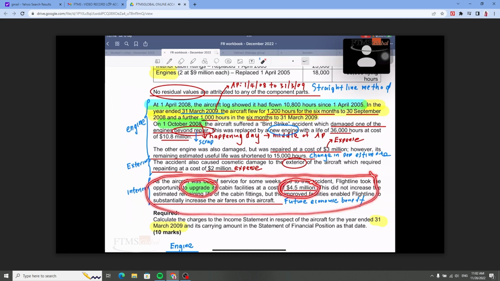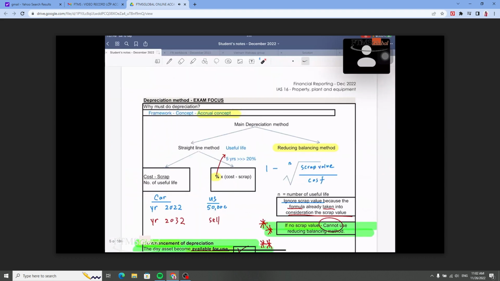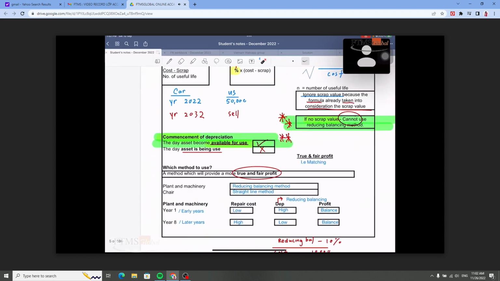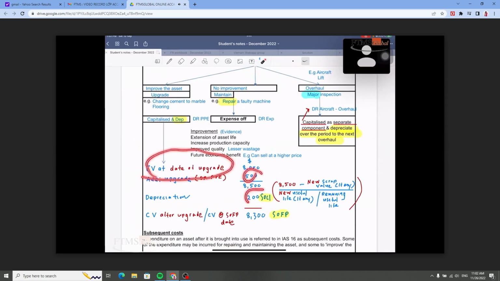If you remember what you need to do for upgrade, first calculate the carrying value at the day of upgrade, then add upgrade, calculate depreciation, and you get this value. Now the special thing is this day of upgrade is in the middle of the accounting period, remember.